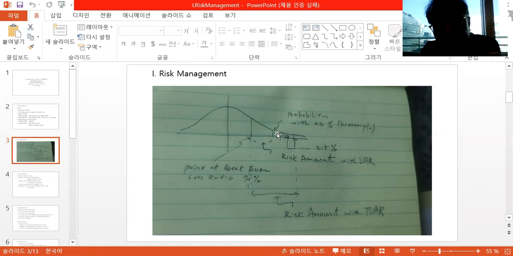You see this, if we are thinking about 95%, then 5% is the right-hand side. And then we find the points where there's 2.5% probability on each side. So typically, you will get more risk amount when you use TVaR. This is a little difficult concept to understand for those who are not familiar with actuarial science.